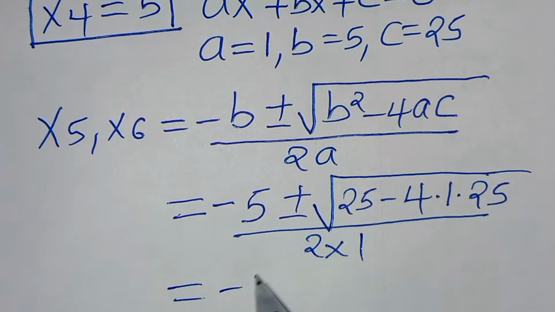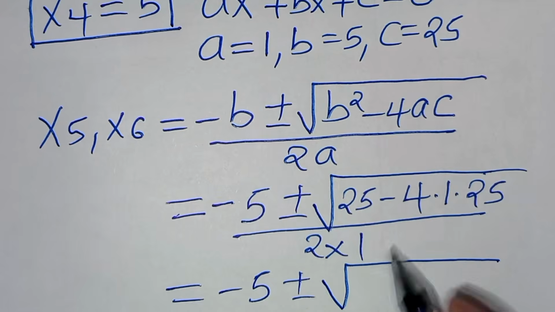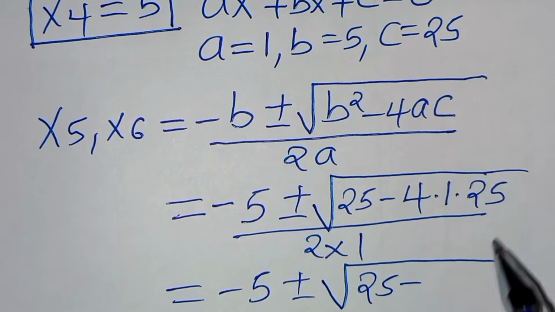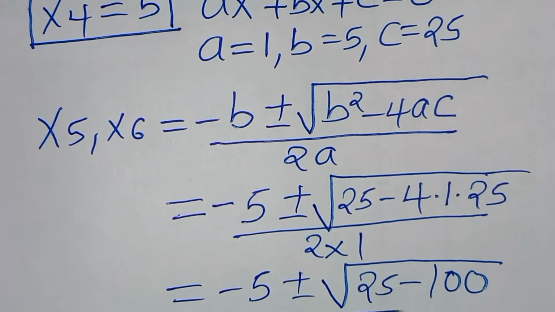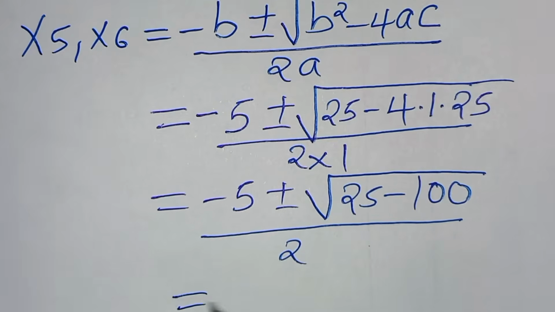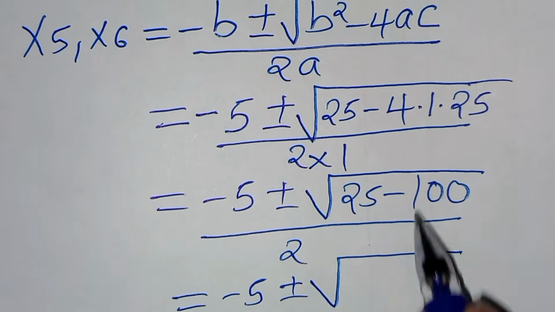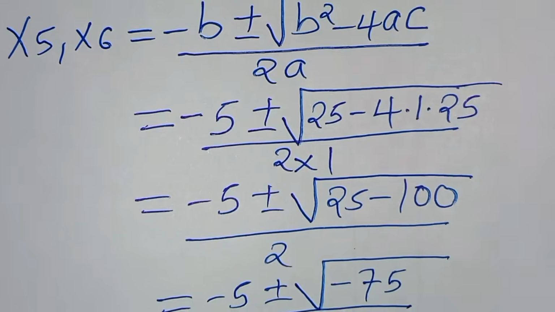So here we have minus 5 plus or minus the square root of 25 minus 100, which is minus 75, over 2.